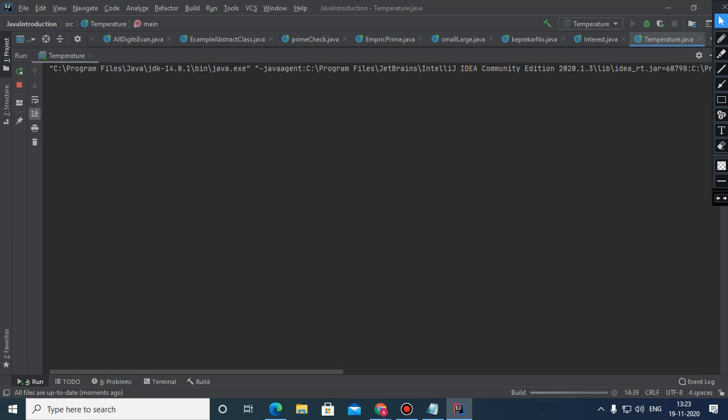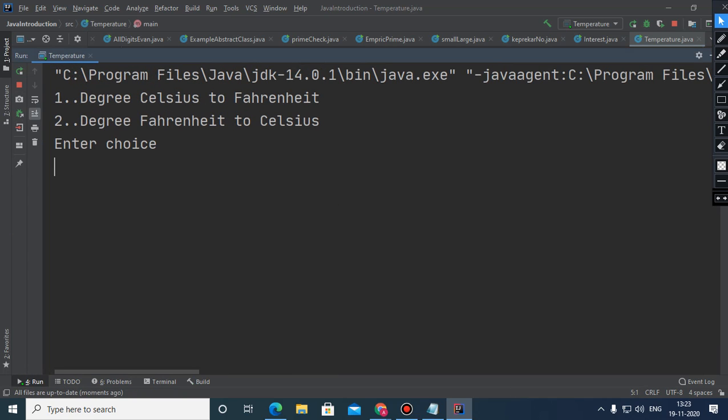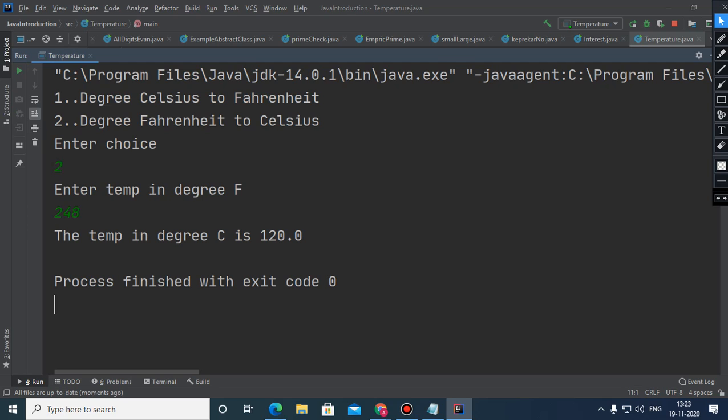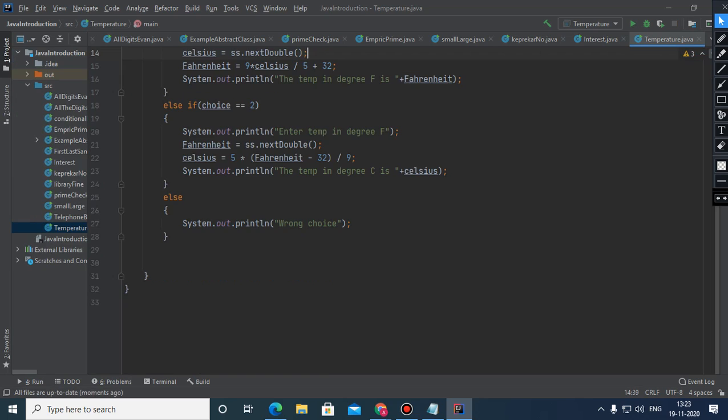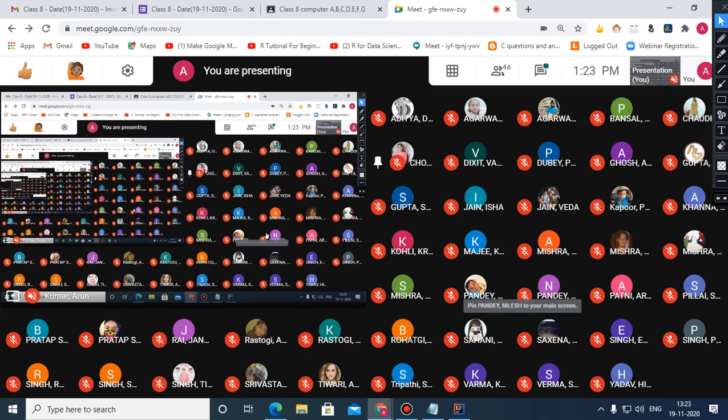And now suppose it is choice 2 and 248 degree Fahrenheit I have entered, so it is 120 degrees Celsius. So it simply means that both are correct and are working. In case you have any query, any doubt, then please ask. So this is how you can write menu driven programs.